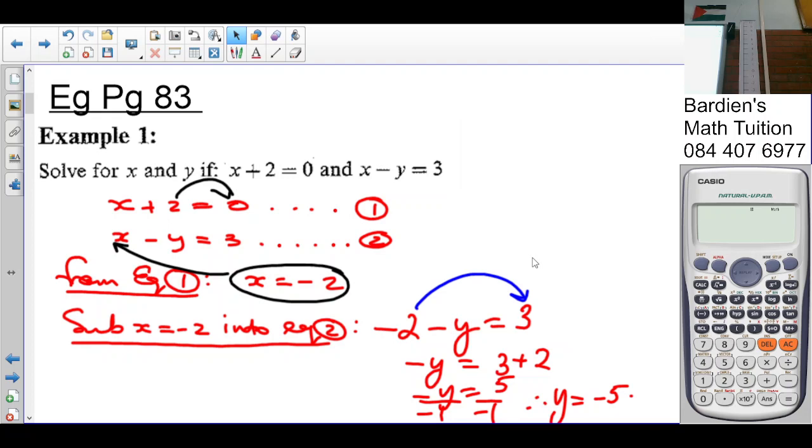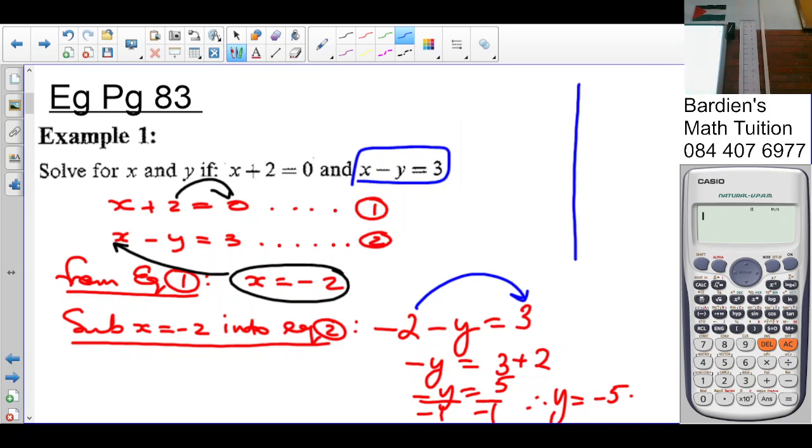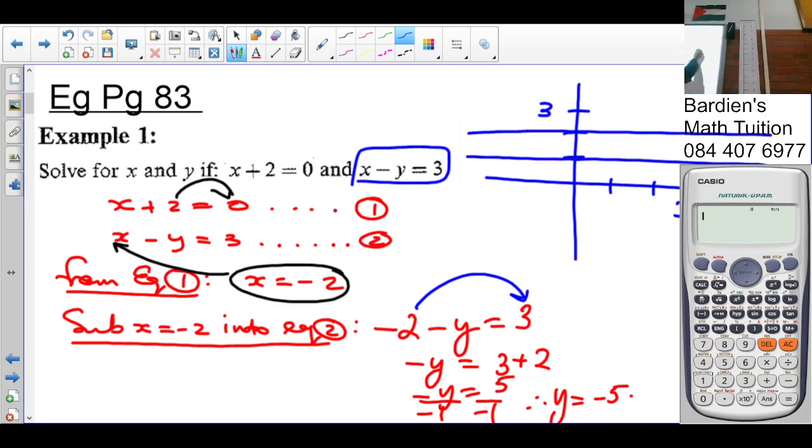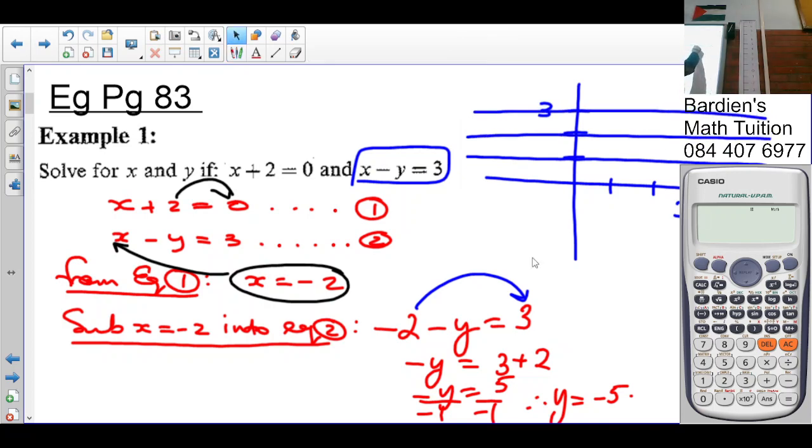If I must draw this graph, your x-intercept at y equal to 0, so x is 3, y-intercept at x equal to 0, y equal to minus 3. Can you see that? So I'm going to draw these lines in to illustrate something quickly.